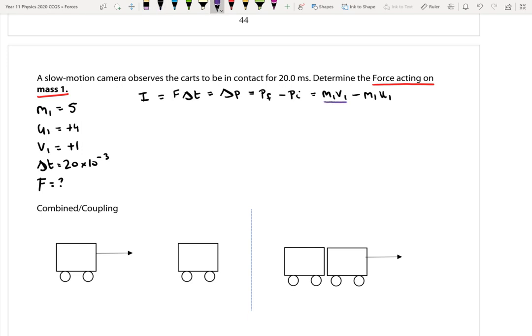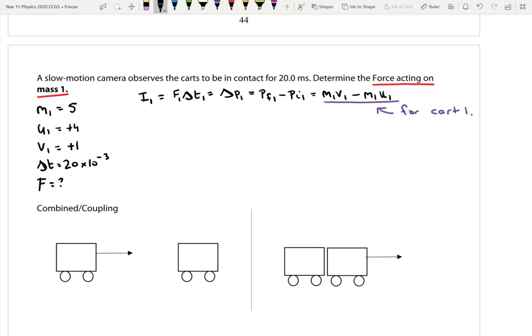This is just for cart 1. So we're putting all of the information down for cart 1: the change in momentum of cart 1, the force acting on cart 1. I could put little subscripts everywhere, but we don't care about cart number 2 for now.